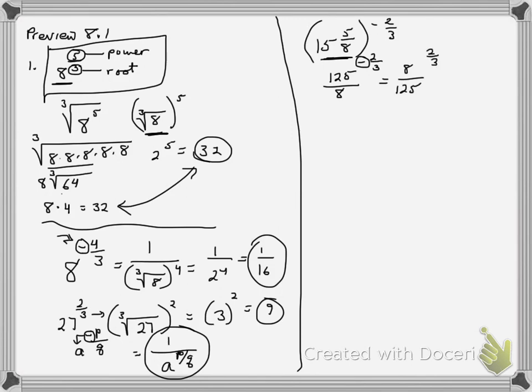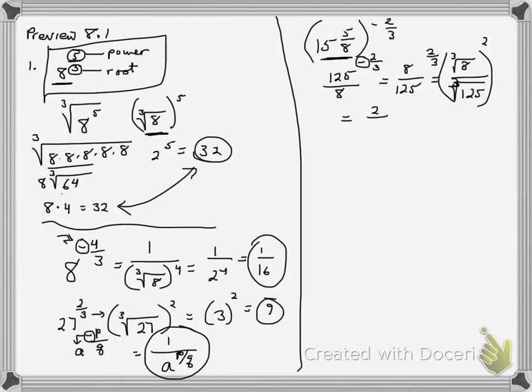Both of these are cubed roots, so that will be the same as the cubed root of 8 over the cubed root of 125, and then I'm going to square my answer. I hope you're following each of these steps. The cubed root of 8 is 2.